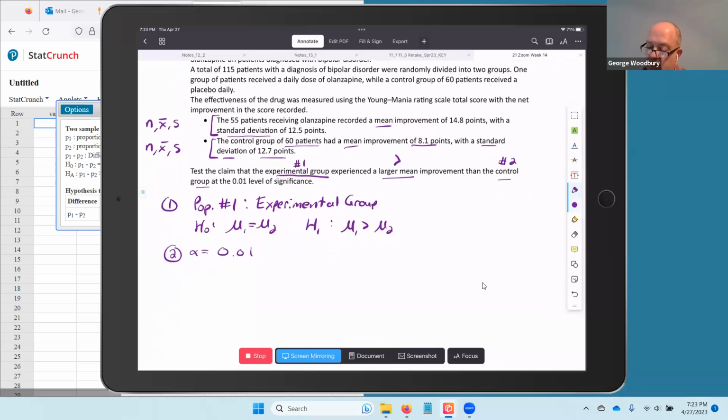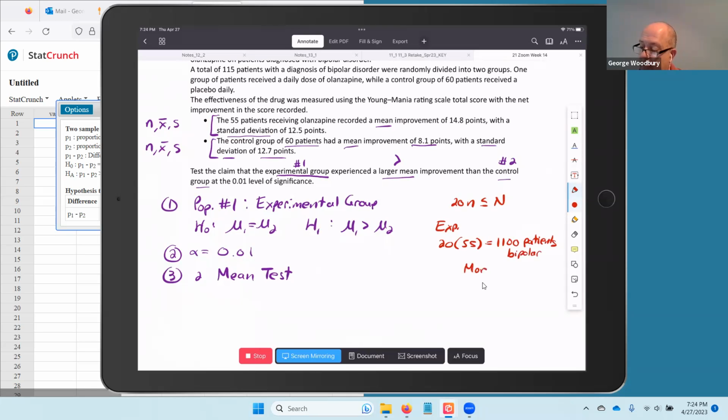Step three, it looks like a two mean test. The only conditions that we have to check, because it's with summary, is the 20N condition. So in both cases, again, these are just patients. So for the experimental group, 20 times 55 is 1,100 patients with bipolar disorder.